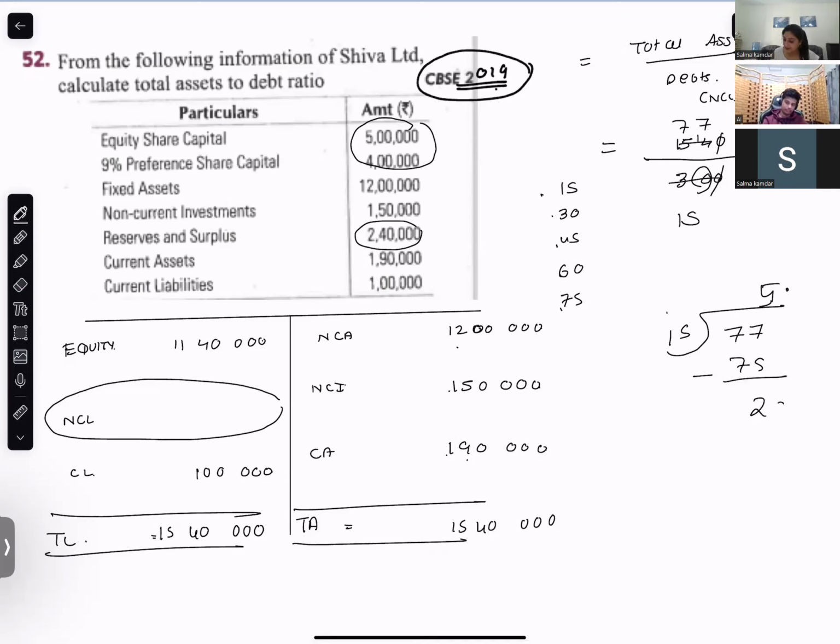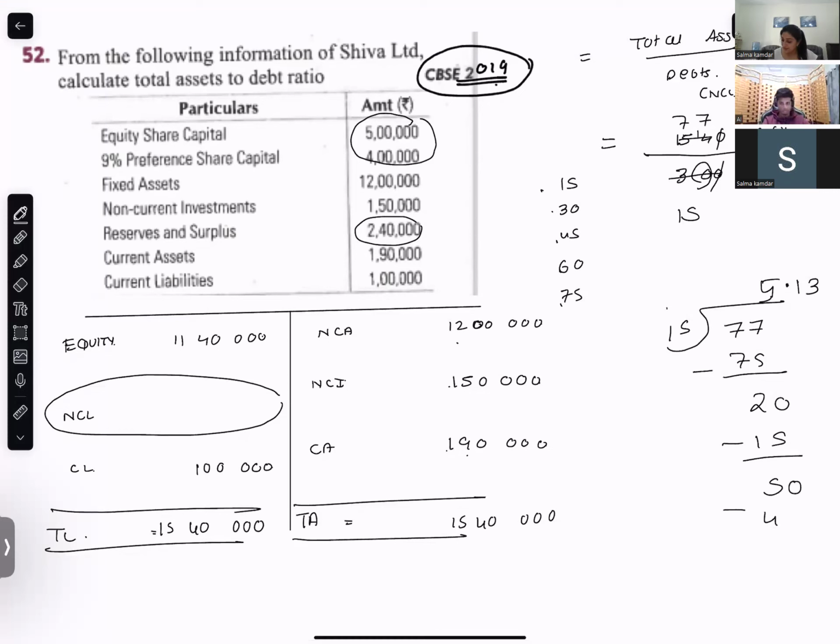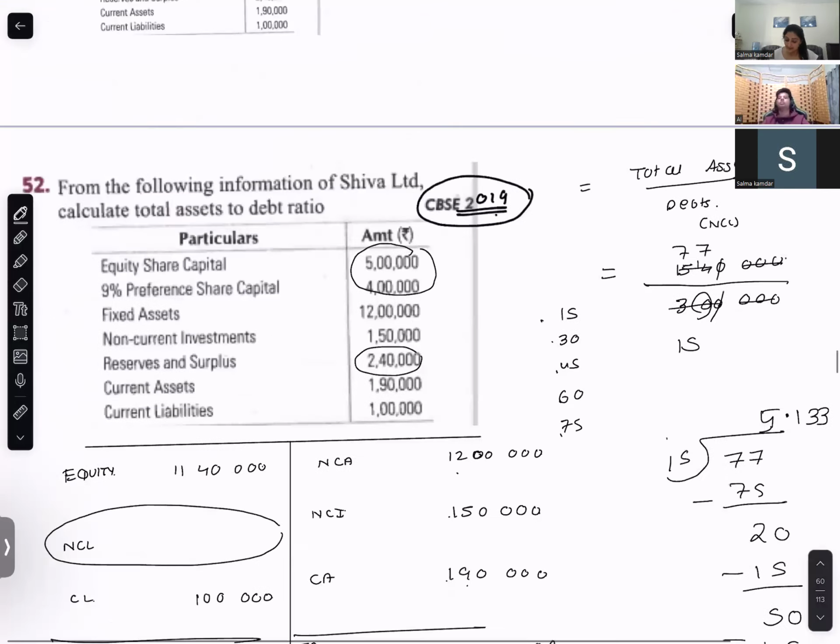Bring down a point 0. 1s are 15, 15. 1, 5, 5, 5, 0. 3s are 45, 5, 0. So this will become 5.13333. So the answer will be 5.133 is to 1.